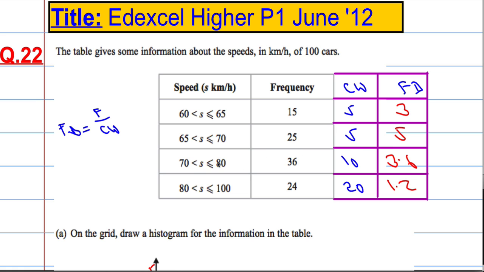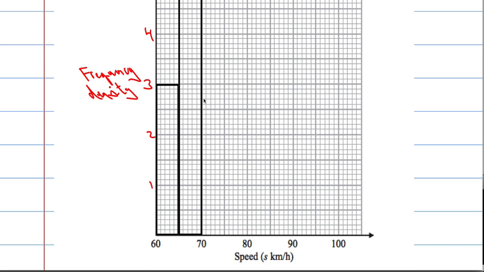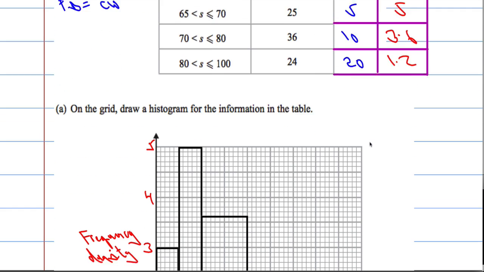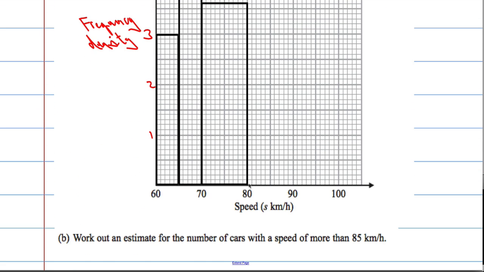From 70 to 80 we've got 3.6, so from 70 up to 80 you can see the bars are different widths. And then from 80 to 100 is 1.2, which is going to go right about there.